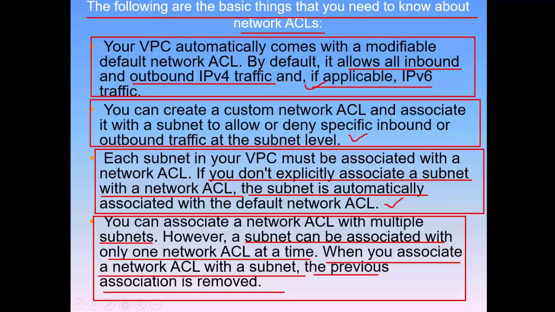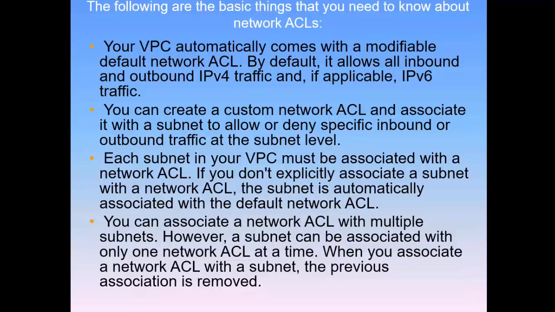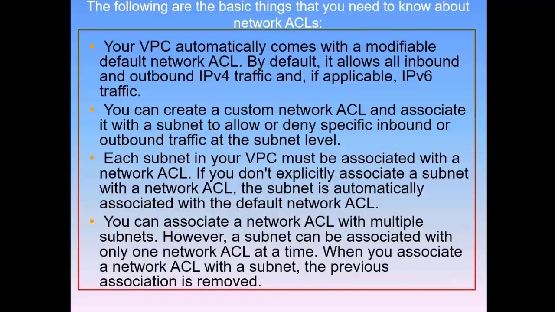If you associate it with a different NACL, the previous association of the subnet goes. Hope all points are clear. You have to keep all these points in mind whenever we do the practical demonstration.